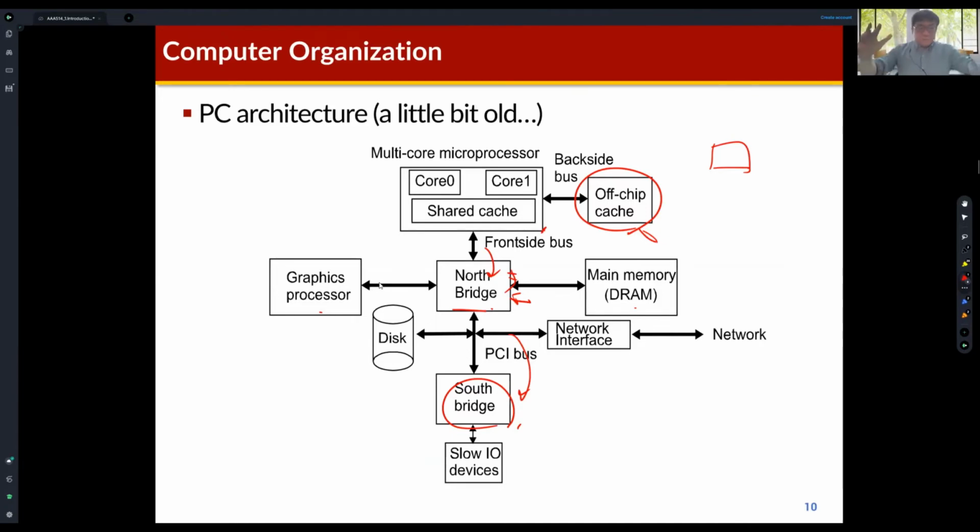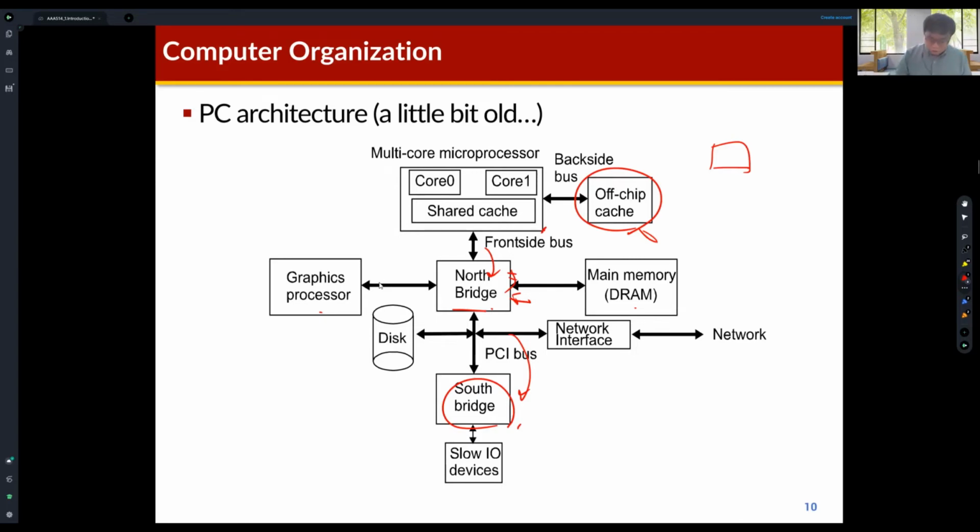That means a very wide range of devices are connected to the computer system, so the latency, performance, and speed of these devices are very different.